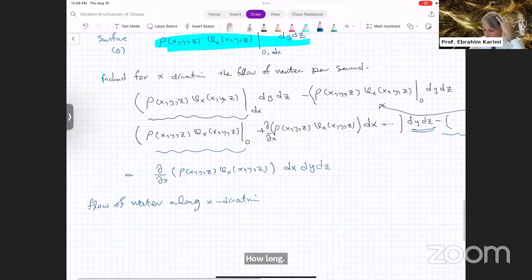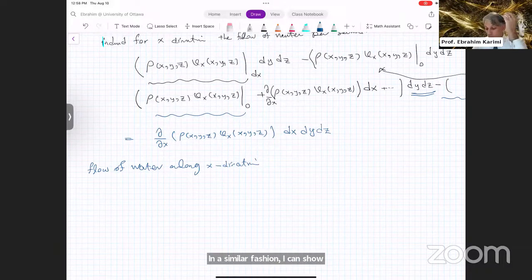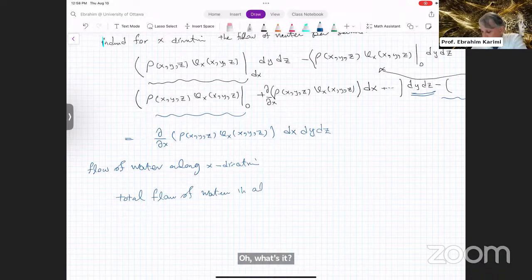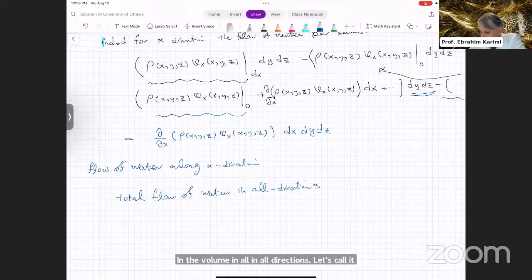In a similar fashion, I can show the same for the y direction and the z direction. The total flux of water in the volume in all directions is equal to the contributions along x, along y, along z.